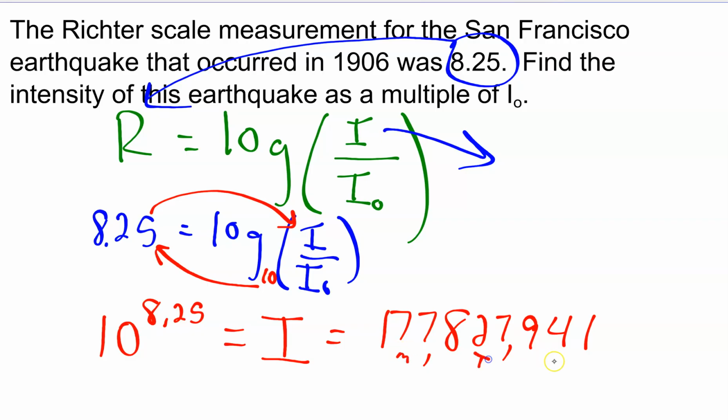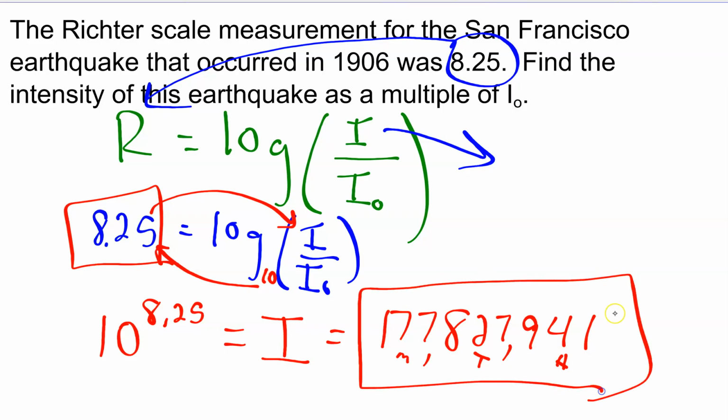That's how many million times intensified from the original intensity of just the Earth moving. So that's a really big number. And that's why these are done as like 8.25. It helps you understand the intensity of the Earth moving.